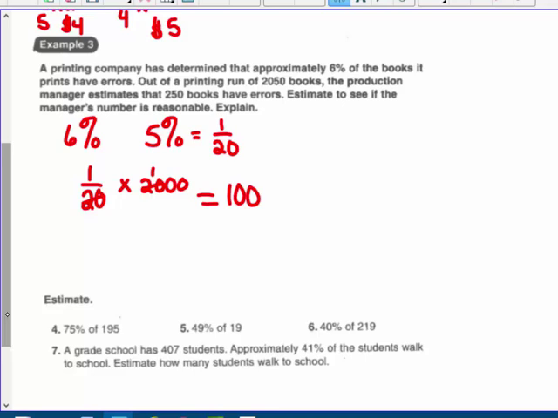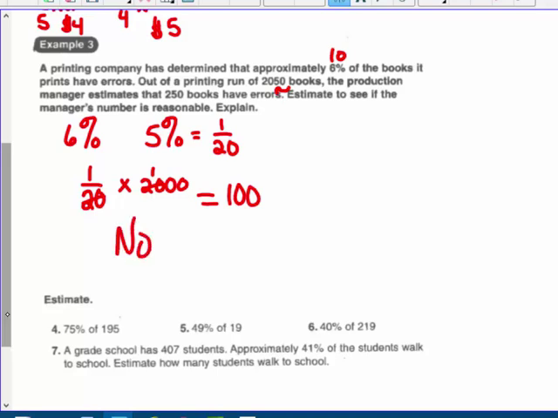Yeah, his estimate's way too high. Even if I went to 2,100, it would still not go up to 250. He's thinking more like 250, even 10%. Even if I went way up to 10%, that would be 205 books. Oh, his estimate's way too big.